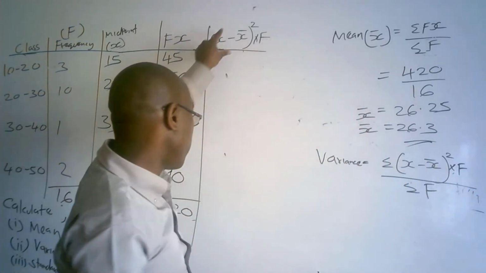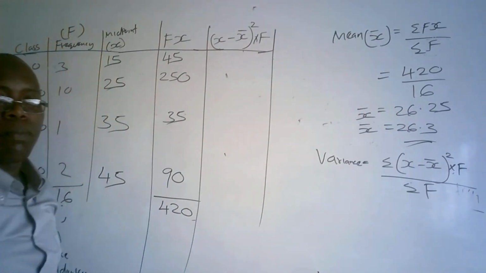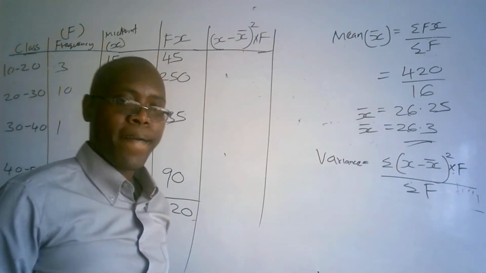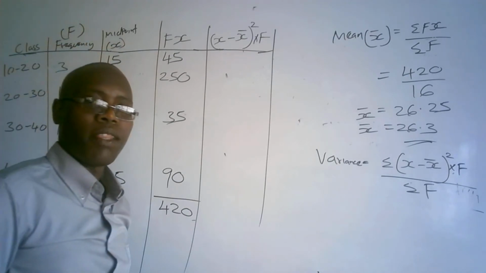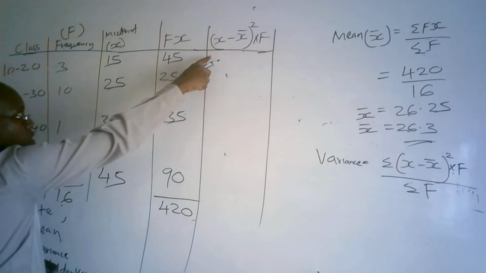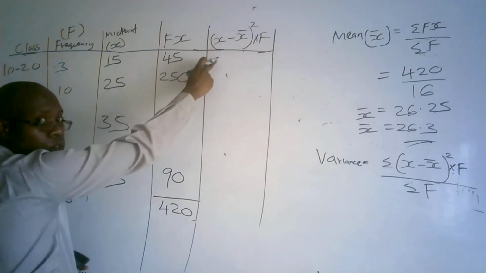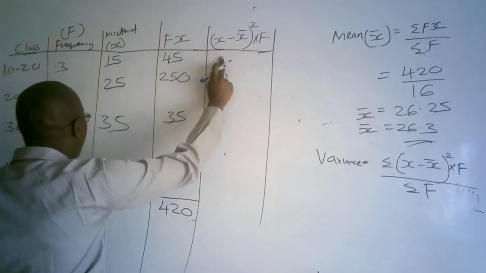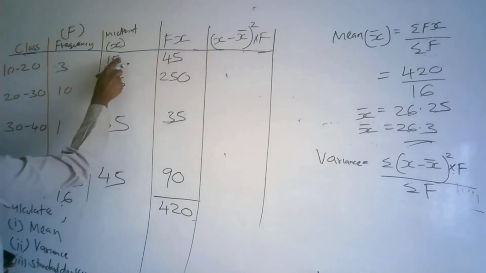That's what you bring here. And remember, x bar is your mean, and x is actually the midpoint. If I want to get this particular value, I'm going to take x, and x in this case is 15.